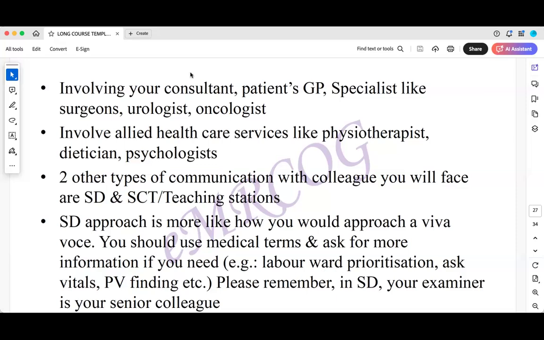There are two types of communication. One, communication to the senior consultant in your hospital, okay, about this case, right? And the other one to the GP who sent the case to you in the first place. So the GP must be involved in the loop, right, of the care management plan, okay, for your patient.